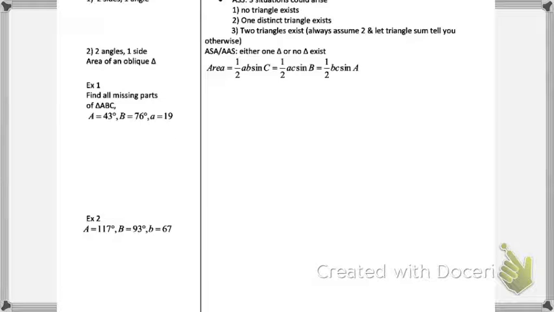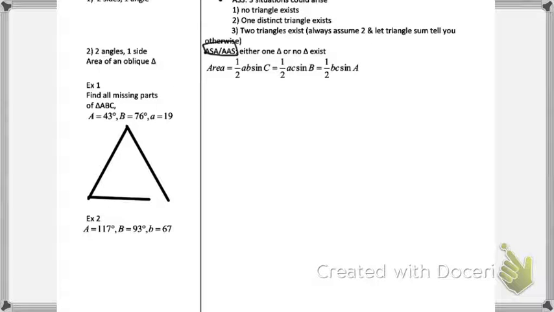Towards the top of the page, there are also more triangle labels: angle, side, angle, and angle, angle, side. When you have these types of triangles, there are no two triangles at all. There can be either one triangle or no triangle. So for example 1, let's draw a triangle since there's no triangle provided for us.